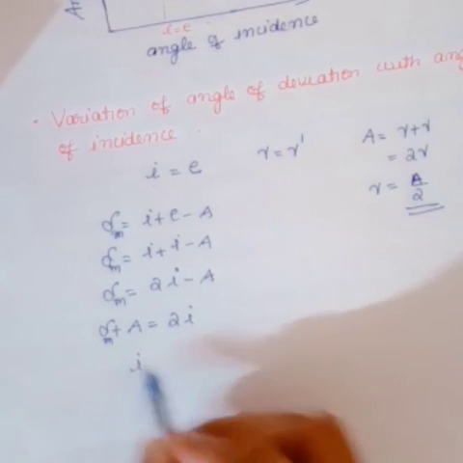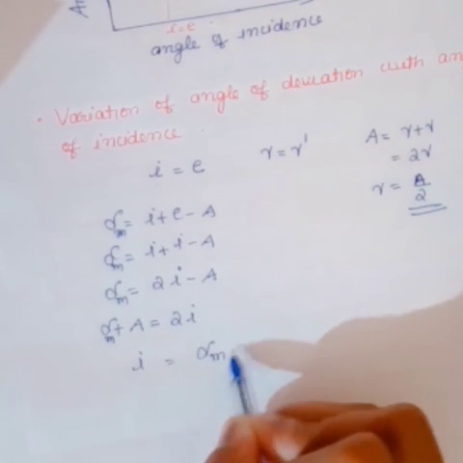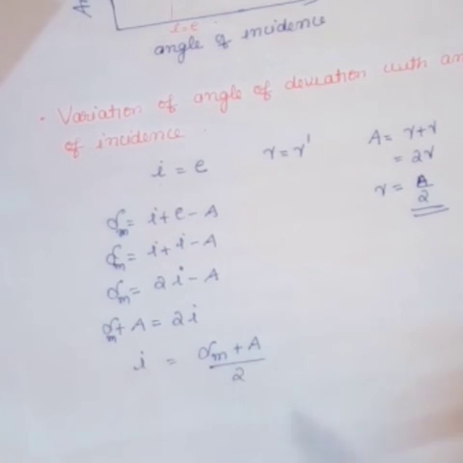So I is equal to delta M plus A divided by 2.